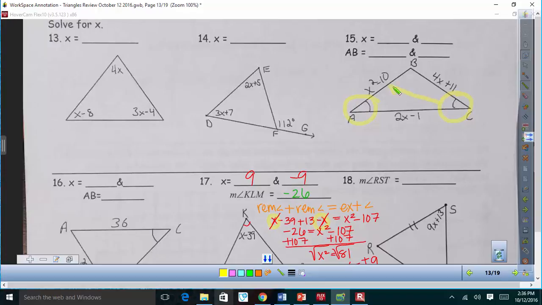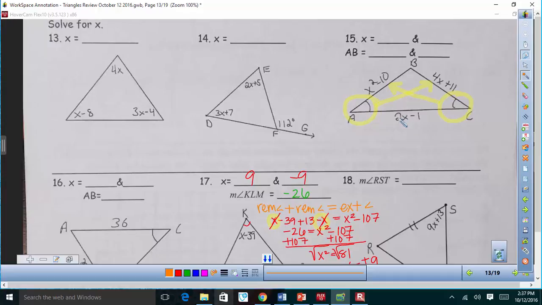Very good. So that's the isosceles triangle theorem that you need to know before tomorrow if you don't. So if angles are equal, the sides opposite are equal. Just like if the sides are equal, the angles opposite are equal. So what is measure AC right here? Yes, but it's called a what?